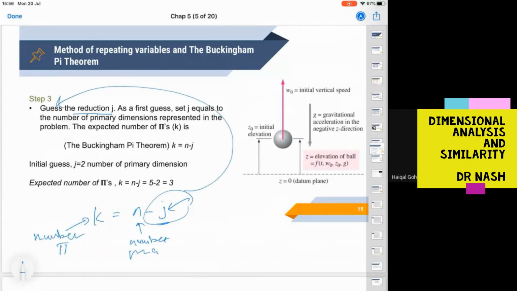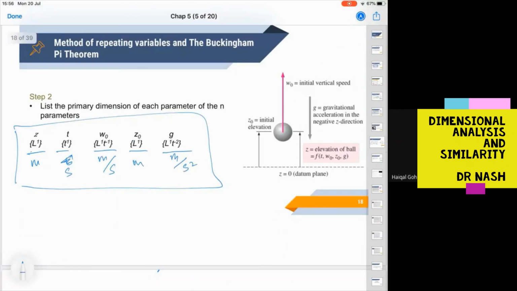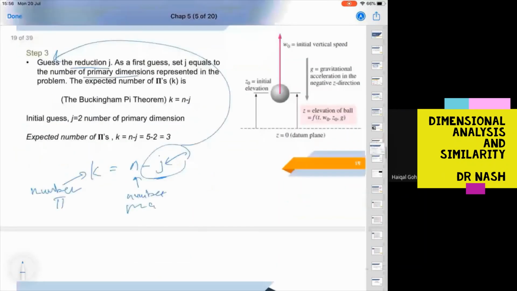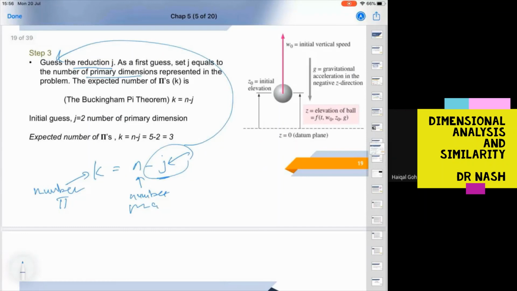But not really guessing lah. Usually we refer to the primary dimensions yang ada dalam all the parameters. Dalam kes ni apa primary dimensions yang ada? Hanya ada L dengan T. So L dengan T, L adalah length, T adalah time. So both of them are primary dimensions. Then J we set as similar to the number of primary dimensions, which is 2. That's why K equals, dalam kes ni, 5 minus 2. 5 ni apa?